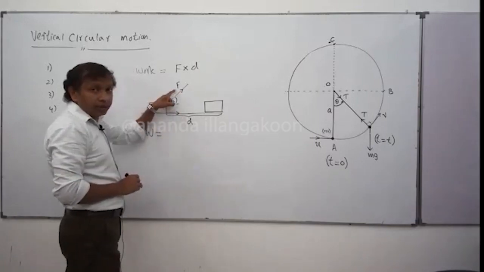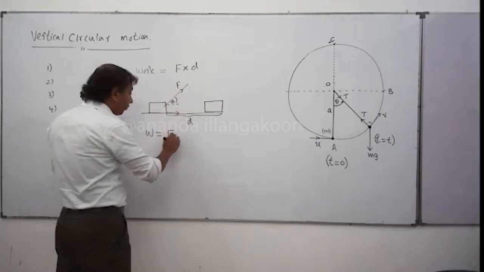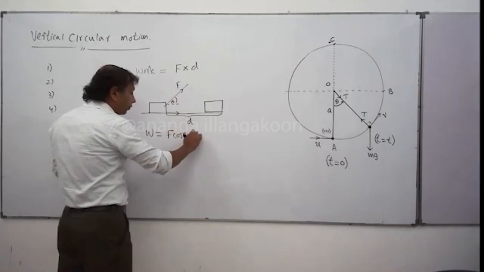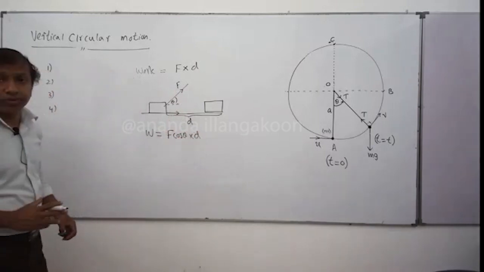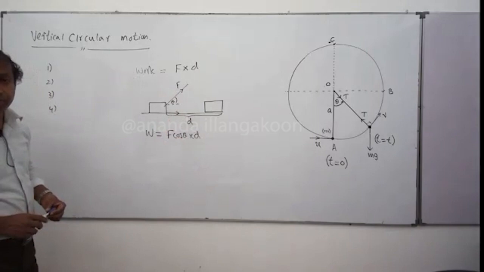Then we have to find the component of the force along that direction, which is F cos theta. F cos theta into d. This is the work done by the force F.